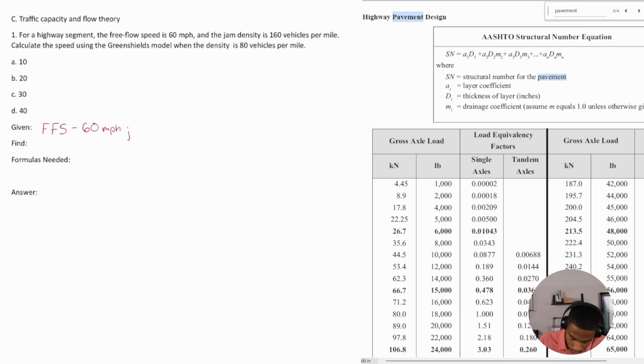We have a jam density, and that is 160 vehicles per mile. And we know that the regular density is 80 vehicles per mile. All right, so that's all the information that we're given. And what are we trying to find? Well, we're trying to find the speed.